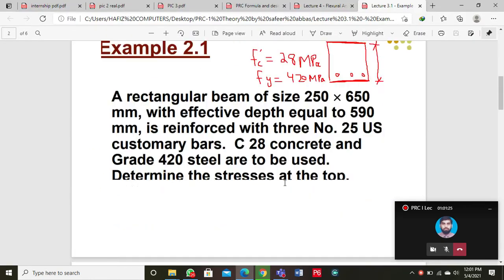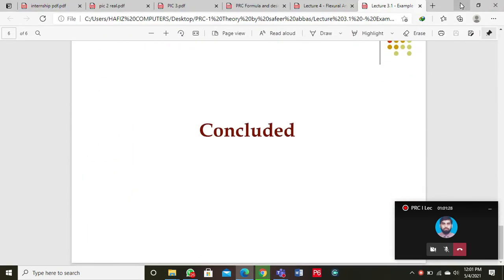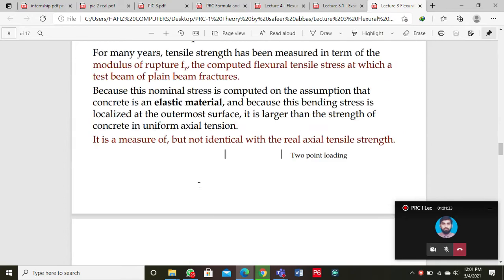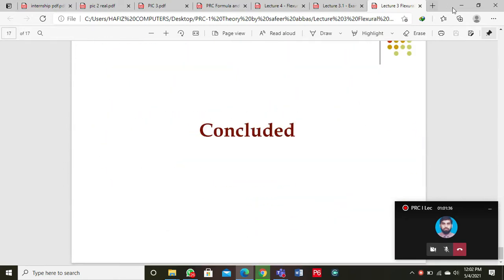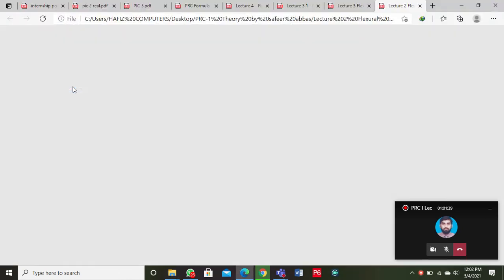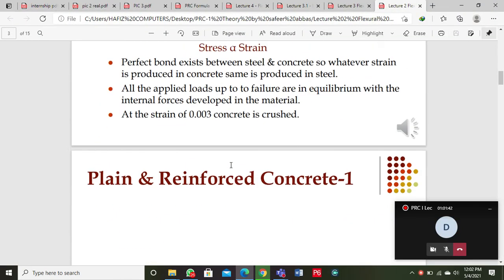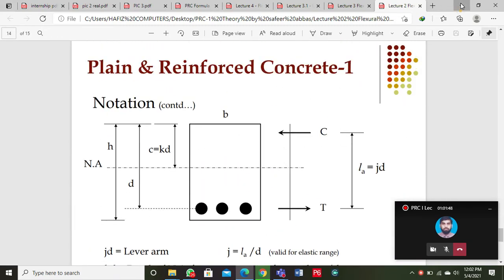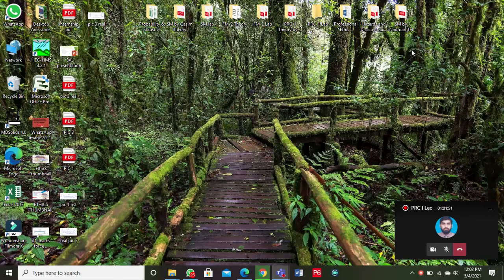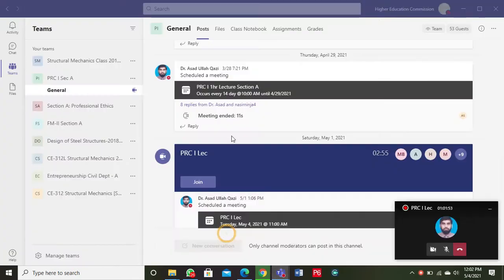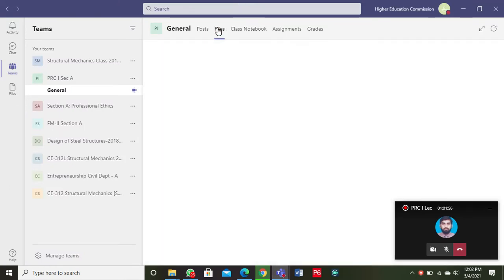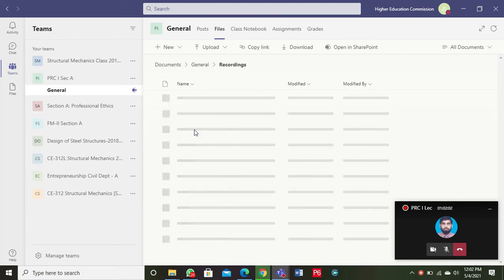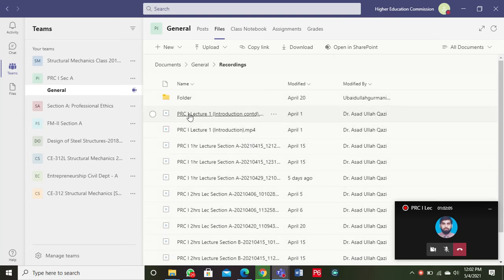proposed by the code to control the deflections. So you can't go below this unless you have some strong justification in terms of your calculated deflections, and you can prove that this will give deflections below those proposed by the code, then the code can allow you to go below this h.